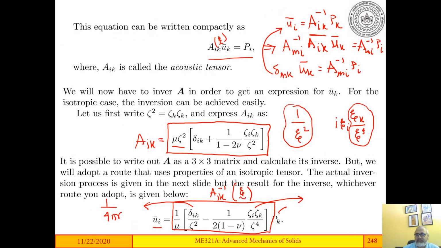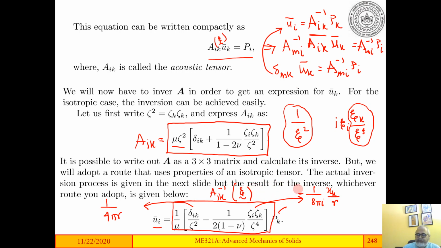So zeta k by zeta 4 is 1 by 8 pi i, and a minus, I think, xk by r. So this is it.